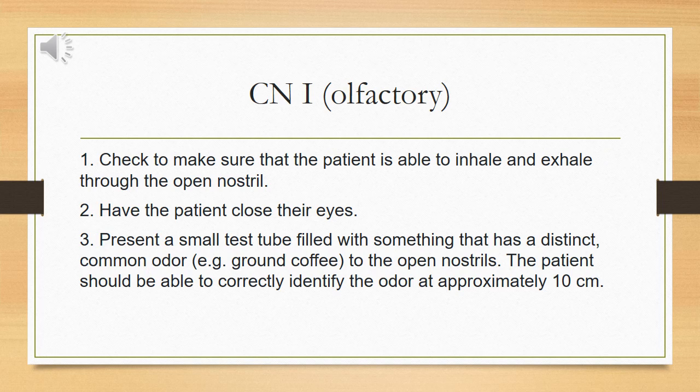First of all, make sure that both nostrils are patent. Either you ask the patient to inhale or exhale through his nose while closing one of the nostrils. Then close the patient's eyes and present a small test tube that is filled with a common odor like coffee to the open nostril.